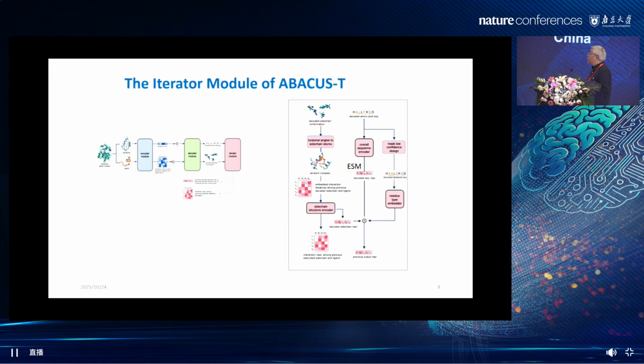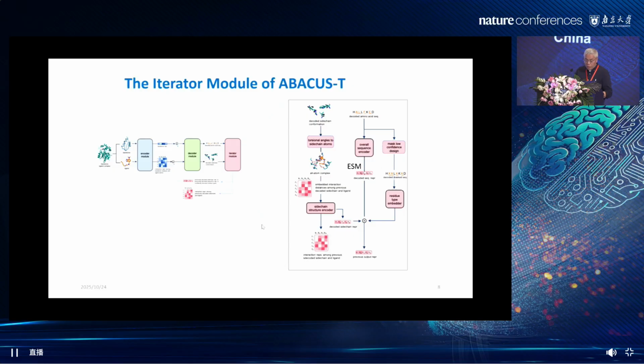And in the iterator module, we have integrated language models so that the residue embedding sees some context of the sequence. And also we have explicit sidechain atoms interacting with the ligands and backbones.